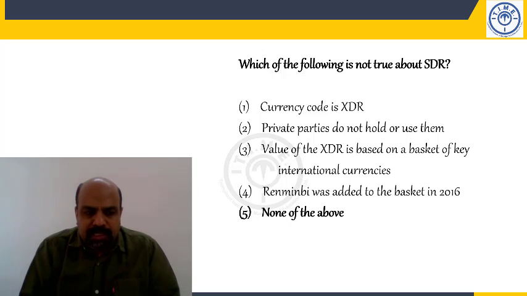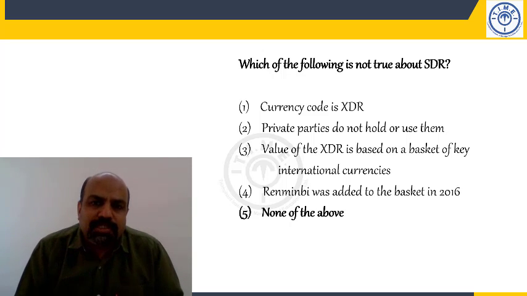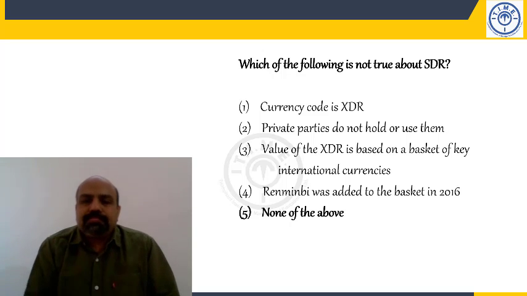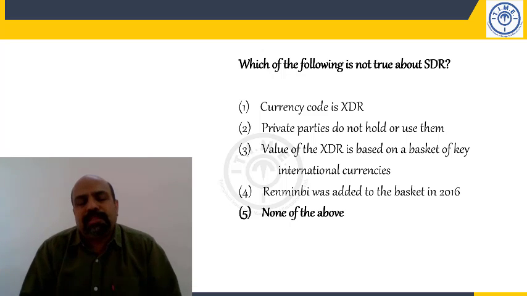Last one, Japanese yen होगा ना, right? $1 equals 106 yen. So I just wanted to give you an idea of exchange rates, nothing more than that.